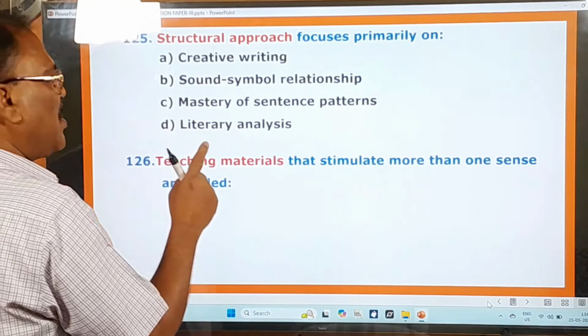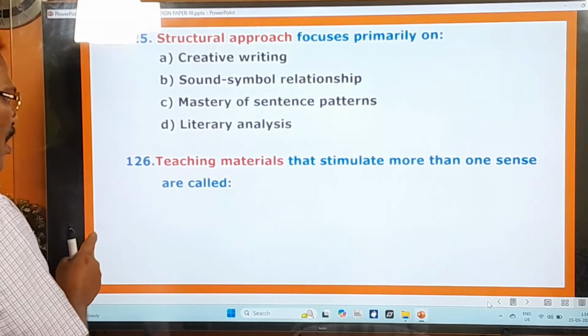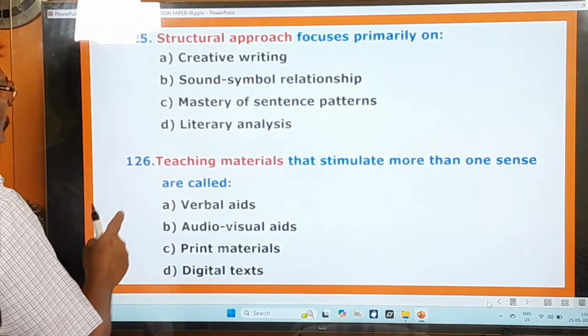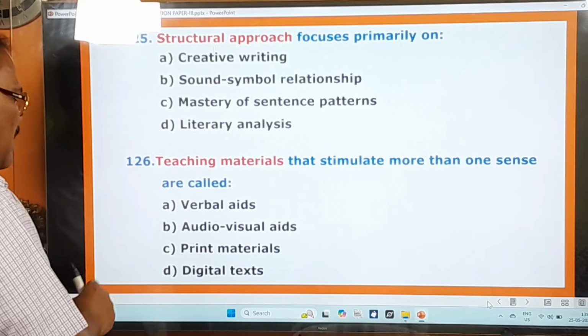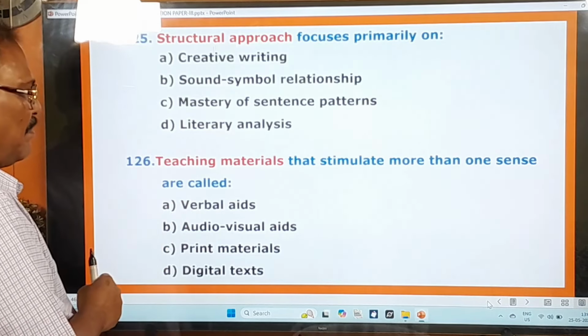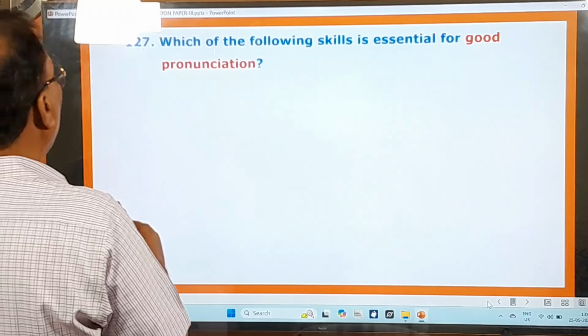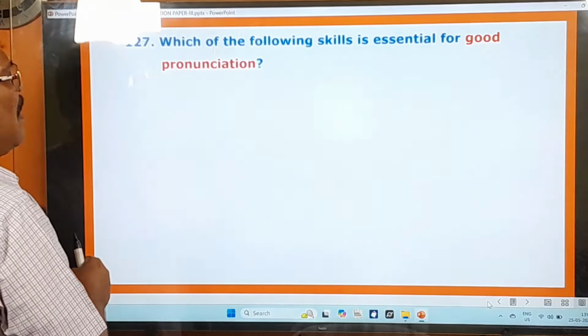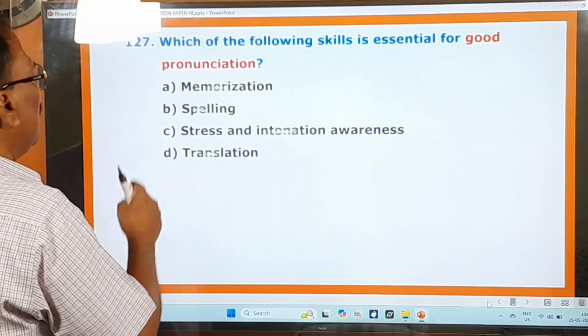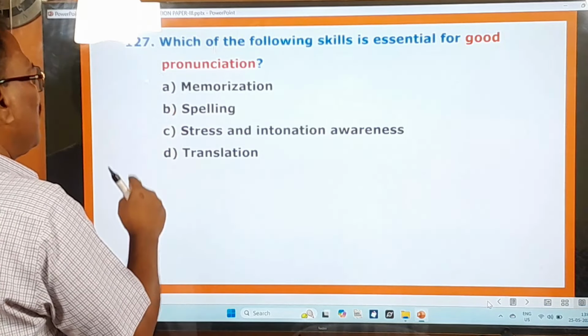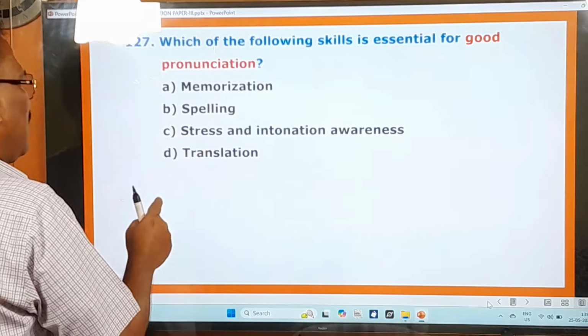Teaching materials that stimulate more than one sense are called verbal aids, audio-visual aids, print materials, digital texts. 127th question. Which of the following skills is essential for good pronunciation? Memorization, spelling, stress and intonation awareness, translation.